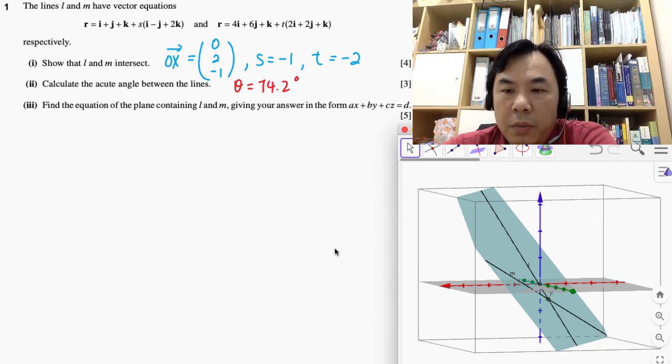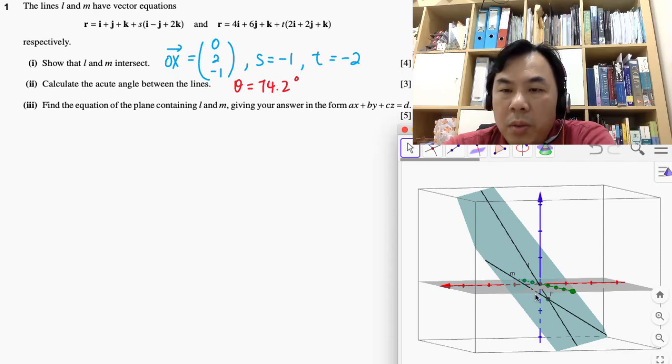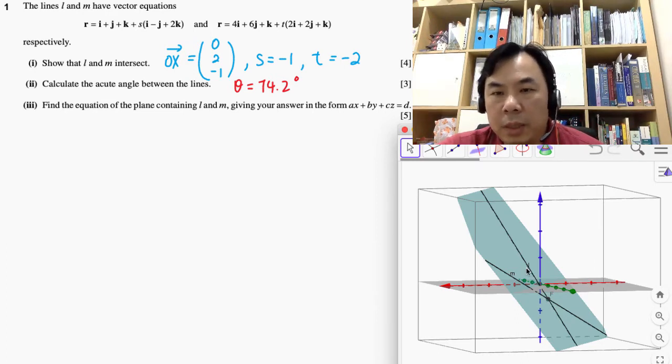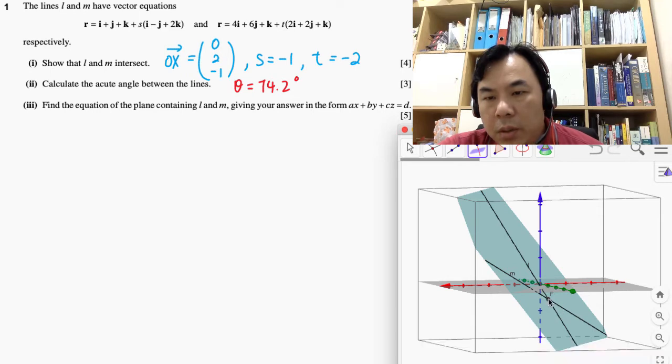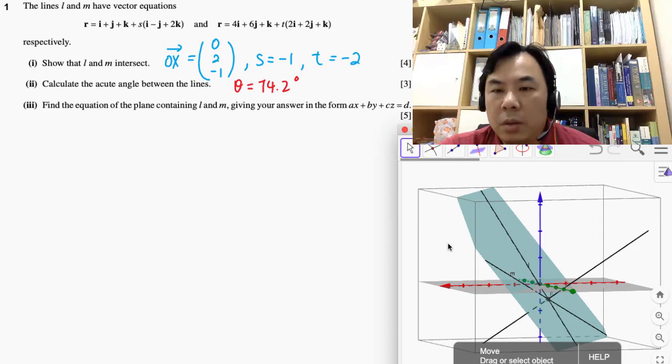What we need for this equation is a vector that is normal to the plane. We just need to know one vector that is normal to the plane. Let me show you what I mean by a vector that is normal to the plane. Normal means 90 degrees here. So I'm going to get a normal line here. I'm going to rotate that one more round.